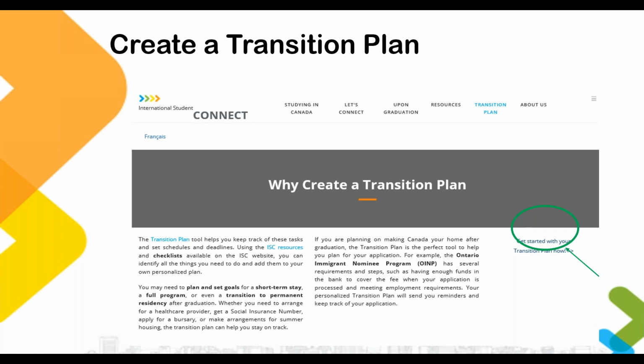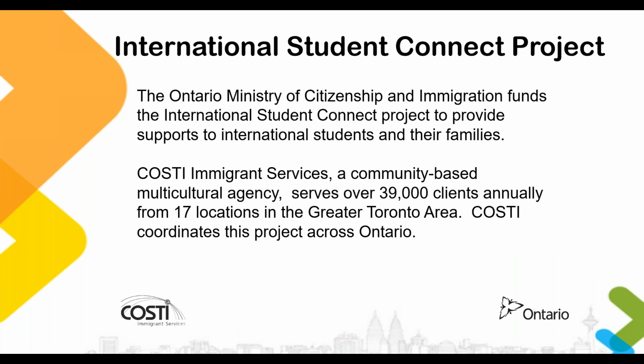Whether you need to arrange for a healthcare provider, get a social insurance number, apply for a bursary, or even make arrangements for summer housing, which is quite common, this could be very helpful for you. Definitely go to our website and review the transition plan, and then just go ahead and use it. It is there for you at absolutely no cost to you.